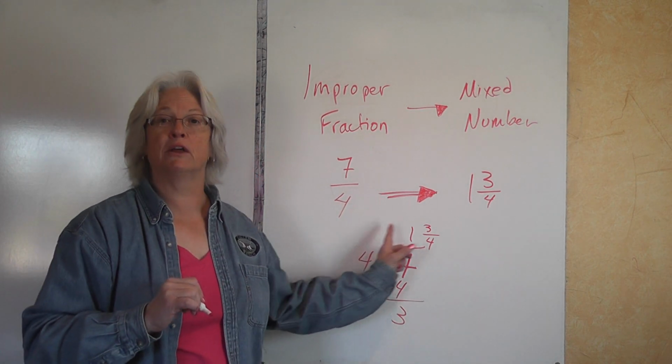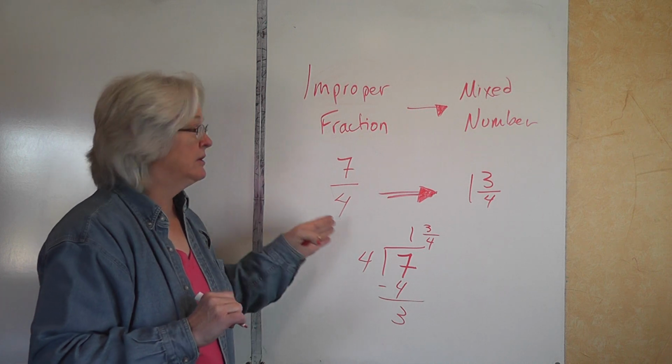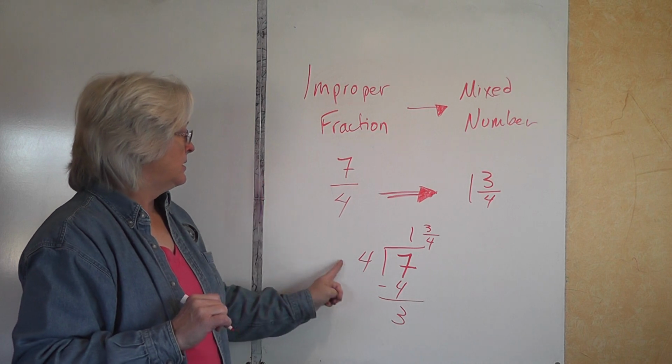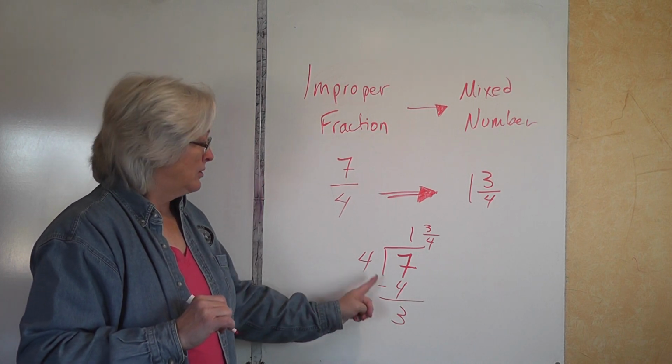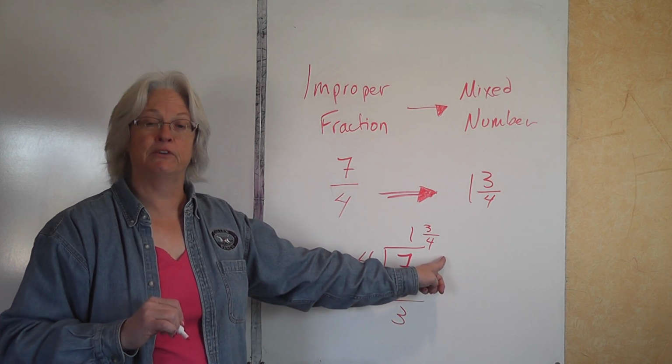And this is all that you have to do to convert an improper fraction to a mixed number. You perform a long division problem, and write the remainder as a fraction over the divisor.